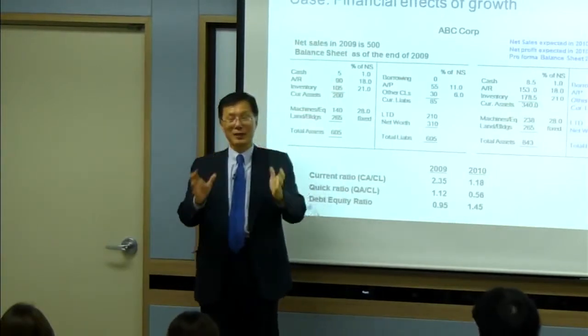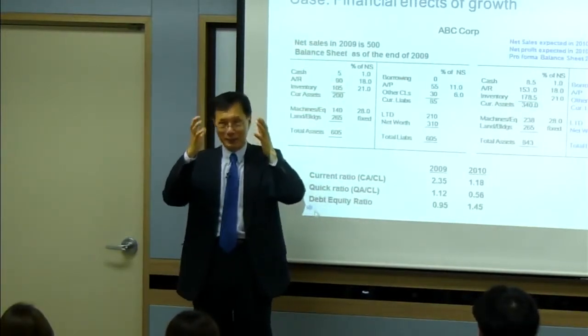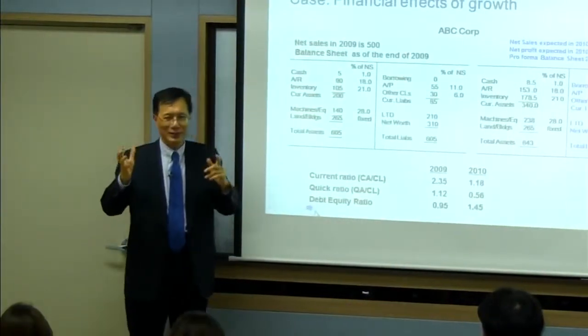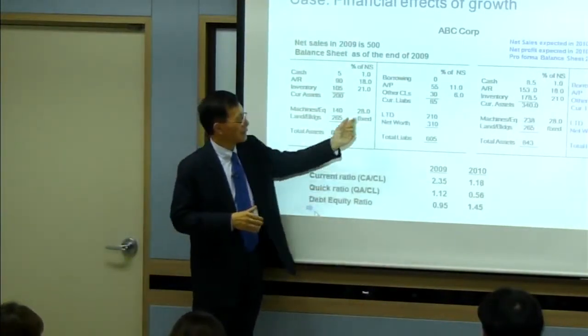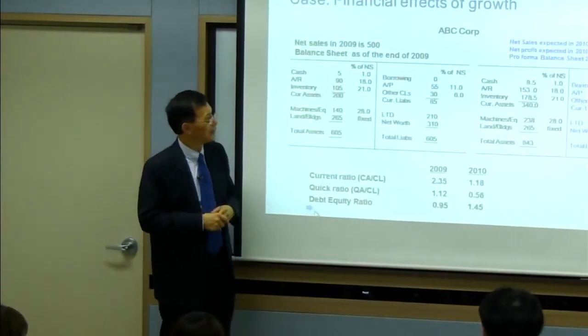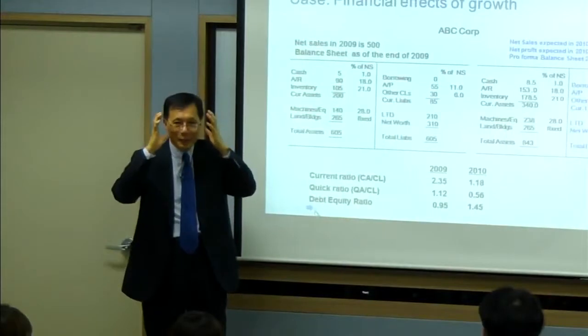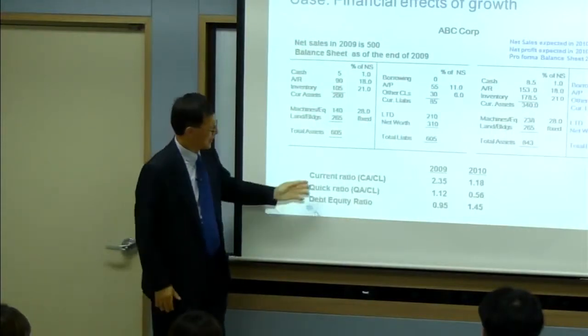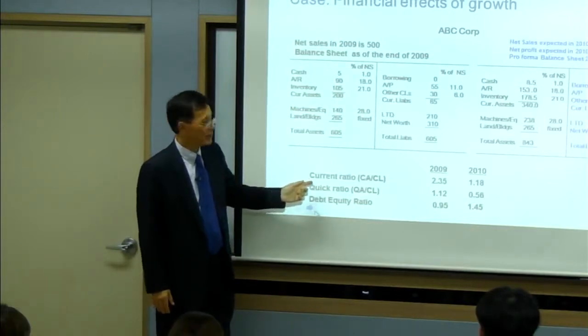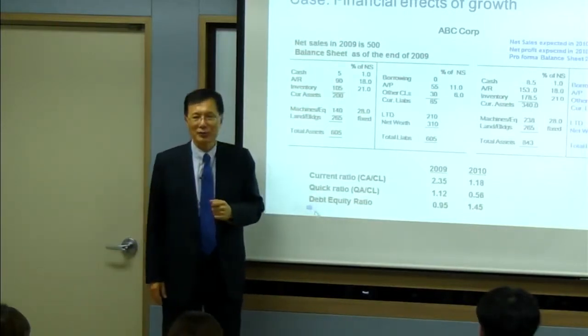If you look at the balance sheet, this company has current assets of 200, total assets of 605, and net worth of 310. Long-term debt is about 200. Okay, have that picture. In terms of ratios, three key ratios. Current ratio of 2.35.